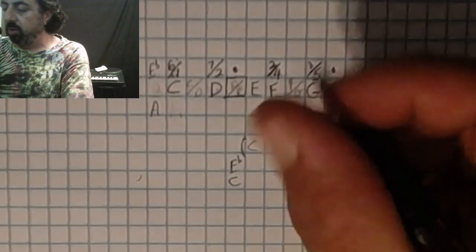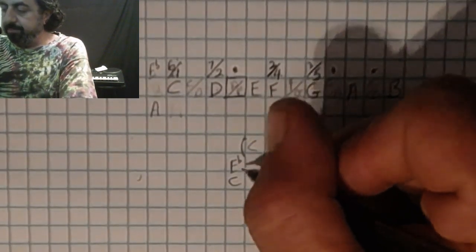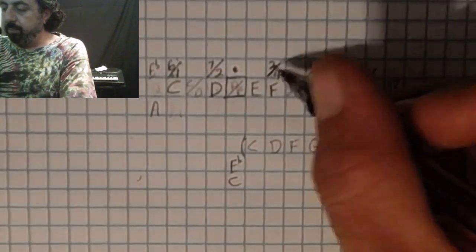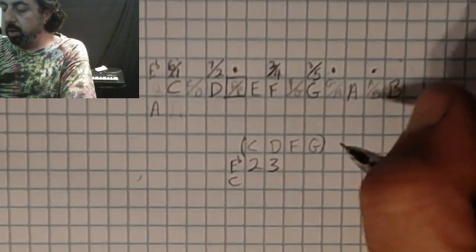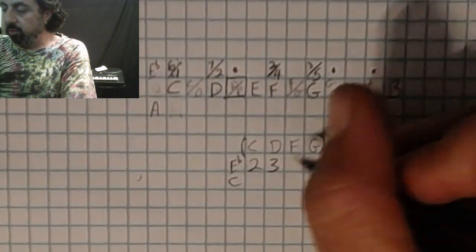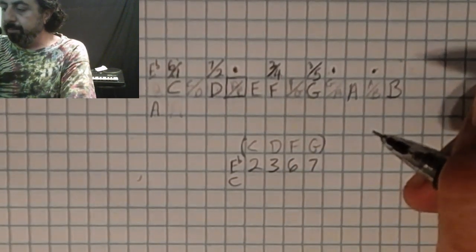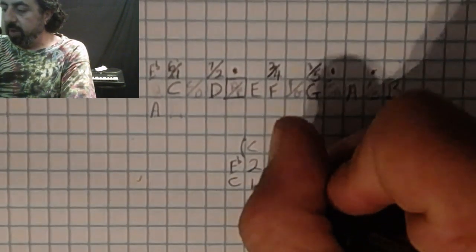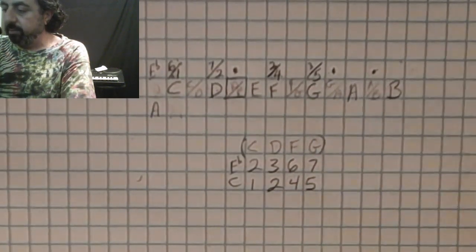Considering the E flat scale, we've got 2, 3, 6, 7. So 2, 3, 6, 7. And then from C, we've got 1, 2, 4, 5.